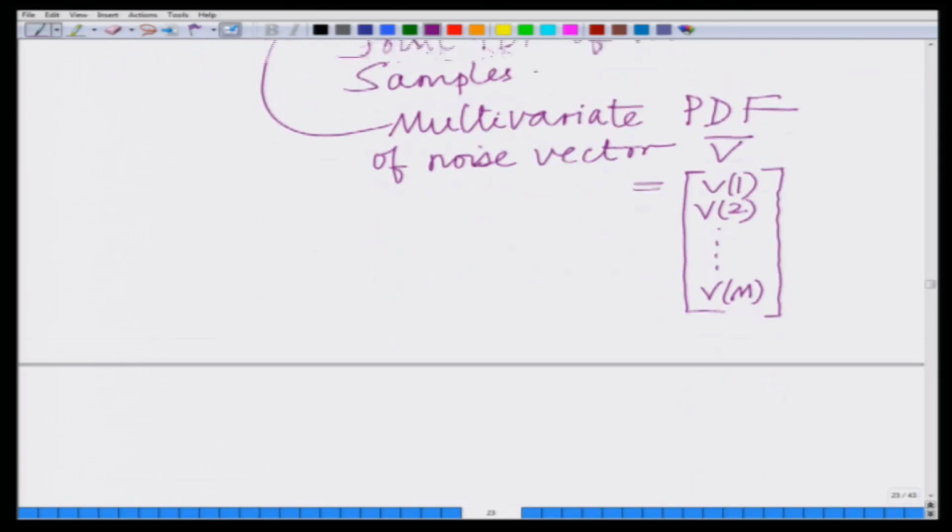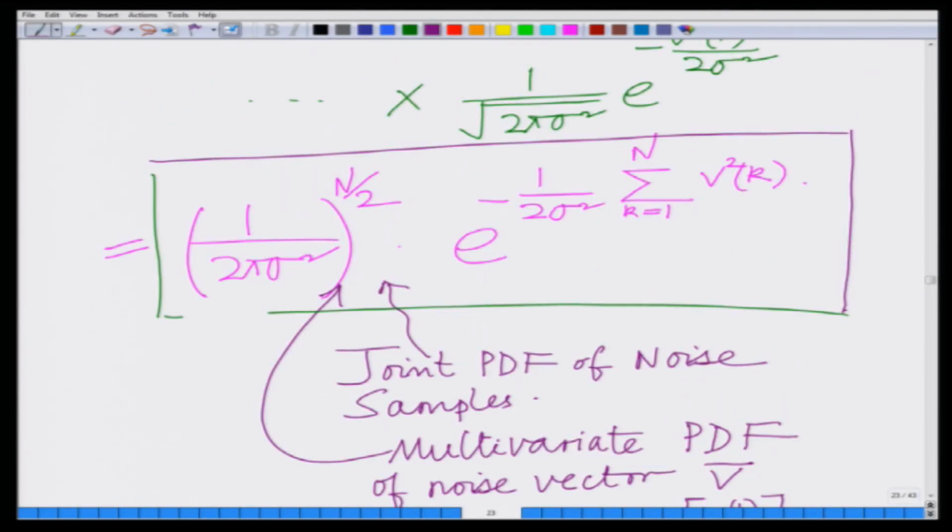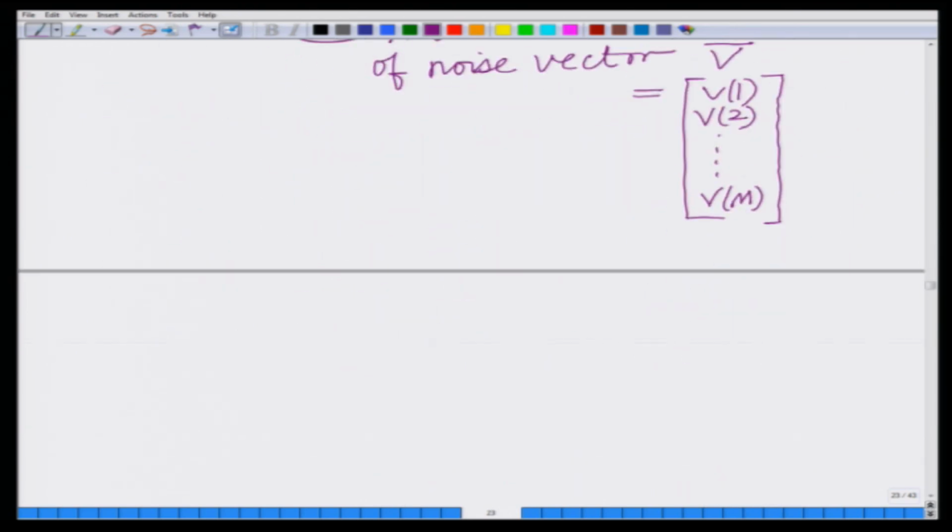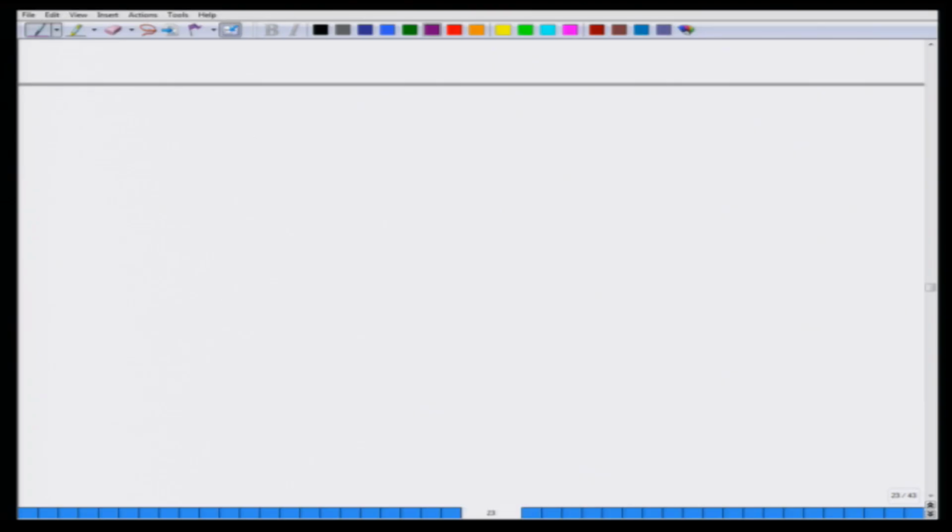Now, if you observe this quantity, the essence lies in this quantity here, summation k equal to 1 to n v square k. Now we know that our noise V bar equals V1 up to Vn.